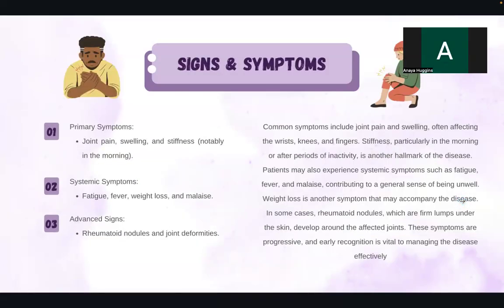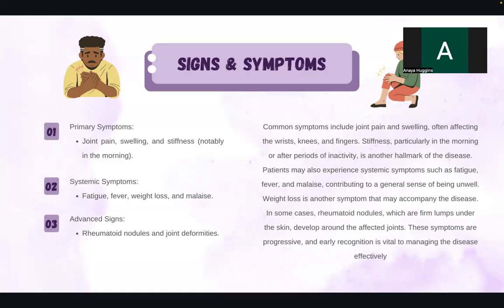Signs and symptoms. RA often begins subtly, but progresses over time. Some key symptoms can include joint pain, swelling, and stiffness, particularly in the morning or after inactivity. These symptoms often appear symmetrically, meaning both sides of the body are affected.